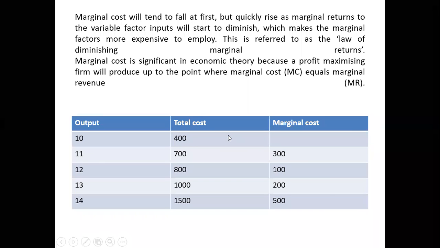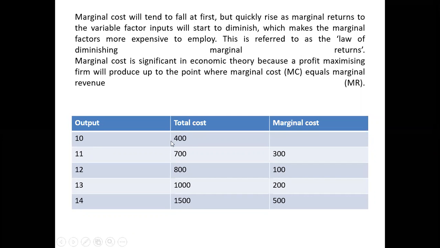Total cost represents the total amount of expenditures of producing the commodity. How much output is produced? 10 output. So when 10 commodities are produced, what is the amount of total cost? Total cost is 400 rupees.